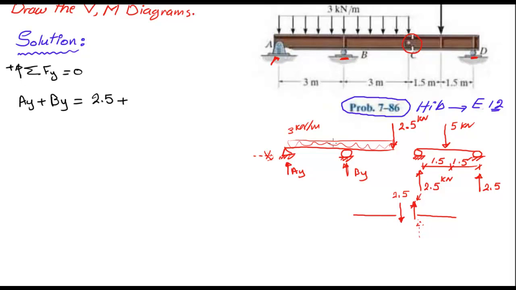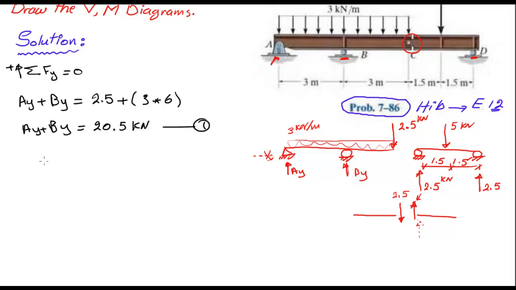So 3 multiplied by 6, and if you do this, you will get an answer of 20.5 kilonewtons, and that will give you the first equation. So AY plus BY will equal 20.5.